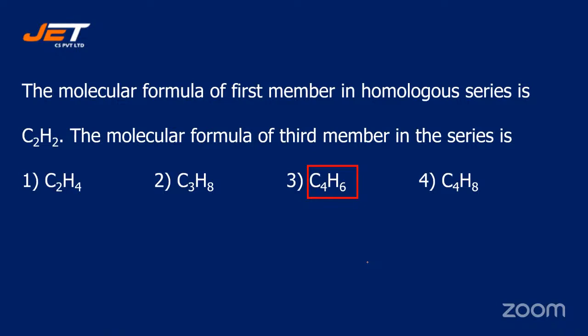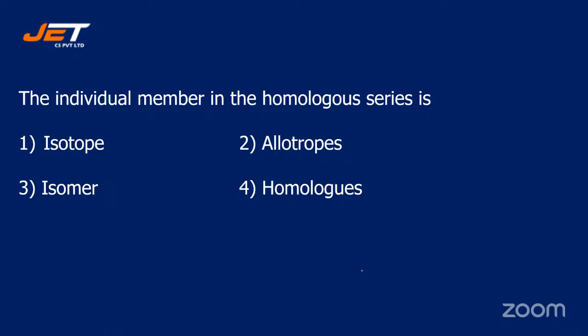Keep answering like this. Next question. The individual member in the homologous series is, and your options are number 1, isotope, option number 2, allotropes, option number 3, isomer, or option number 4, homologous?